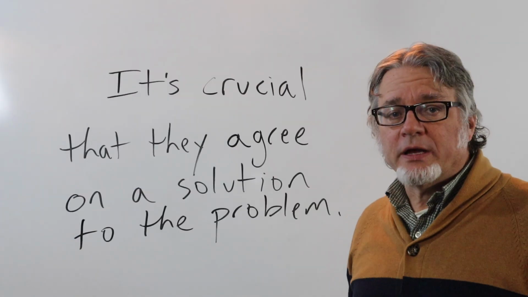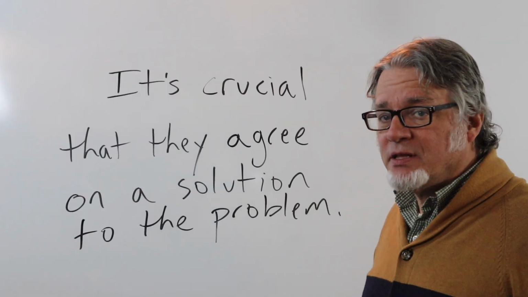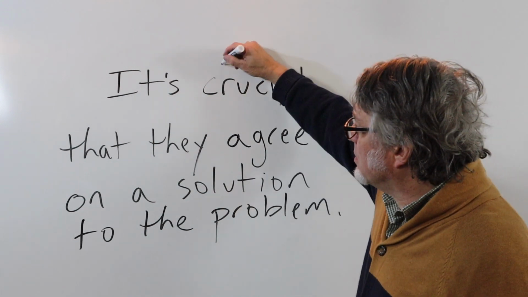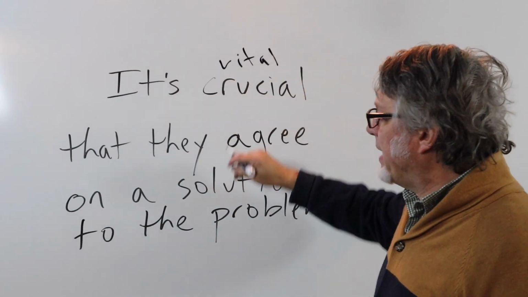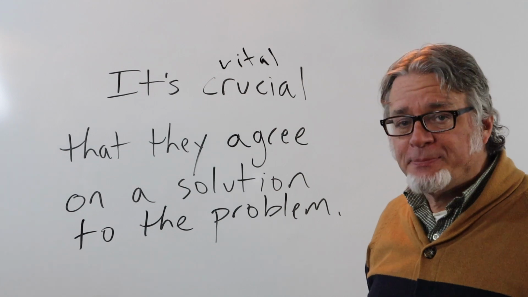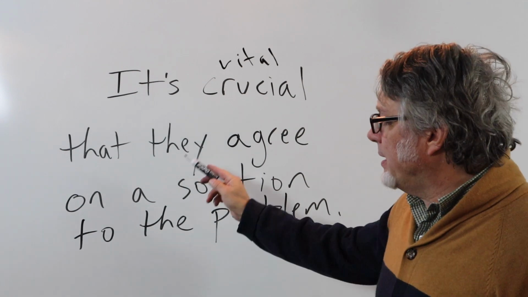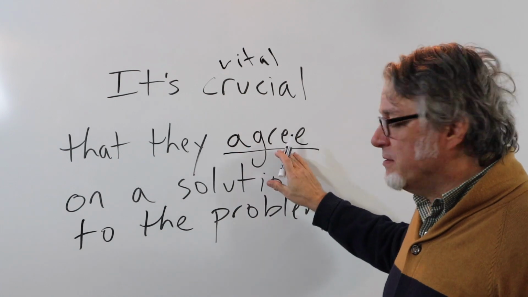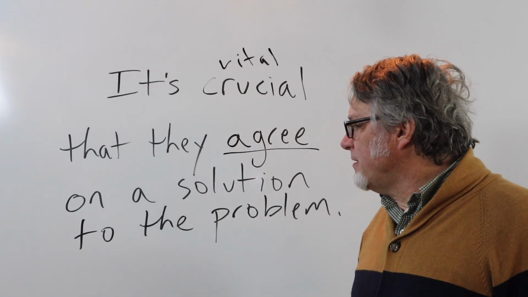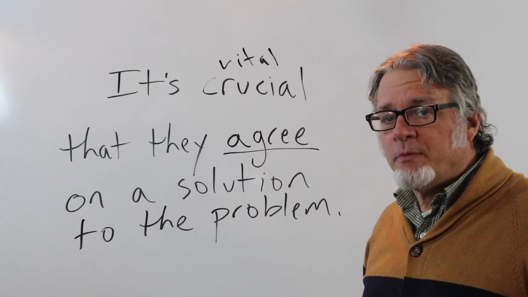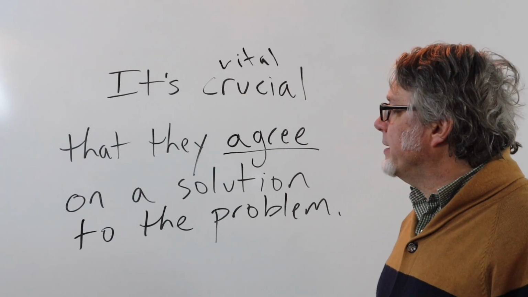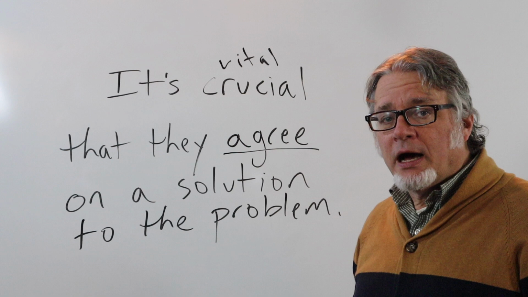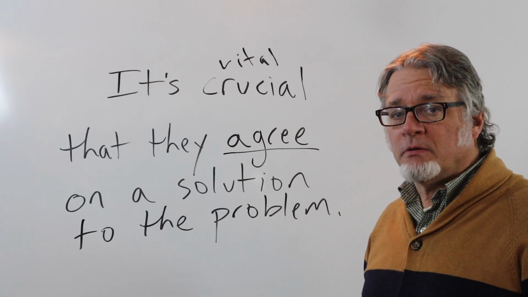When there's a military conflict, you'll hear a sentence like this one. It's crucial, or you could say it's vital, or it's absolutely necessary, that they agree on a solution to the problem.